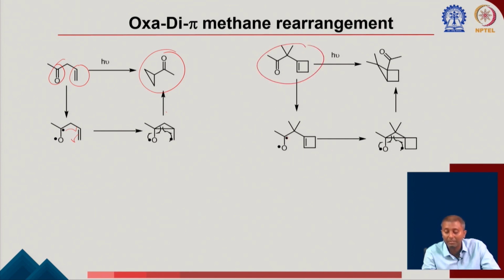In these cases also very similar things happen. First this n to pi star transition happens, then you can see formation of this cyclopropane, formation of this 1,4 diradical species, and again something very similar. The formation of this carbonyl compound is very important, because going back to the carbonyl compound gives a more stable product.